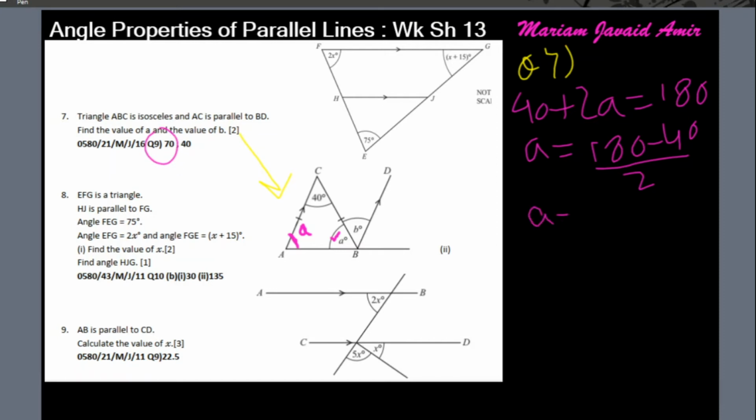So A equals 70. Now we need to find B as well. B is simply making the corner of a Z for two parallel lines. This line is parallel to this line, which means 40 and B are alternate angles, which means B equals 40.